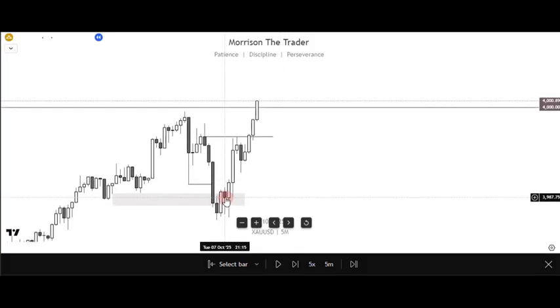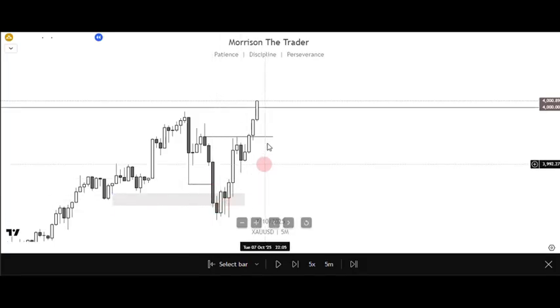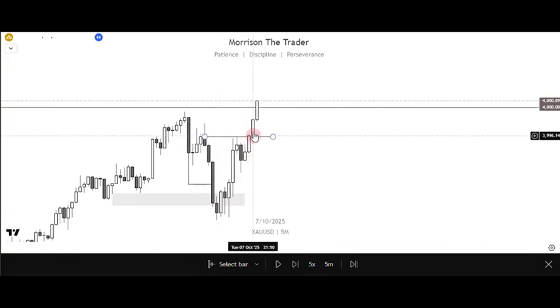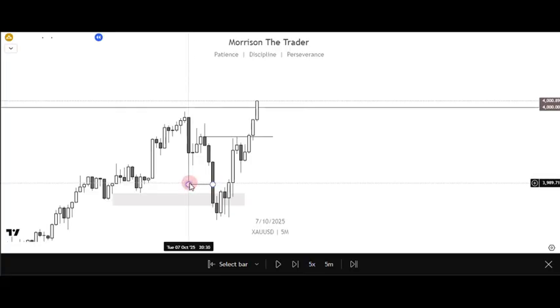We have a bullish fair value gap right here. So this series of down close candles, right, when they came into that fair value gap, and then the market then closed over them with bullish candles. You see, it closed over them with bullish candles, right? So the series of down close candles into a fair value gap, or running a low, liquidity low, and then price closing over them.